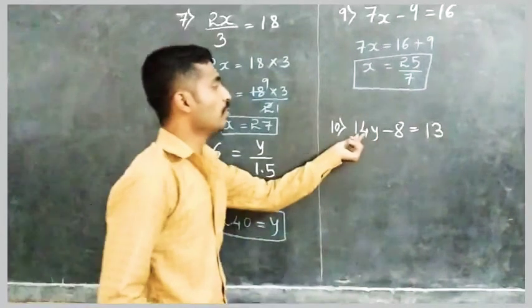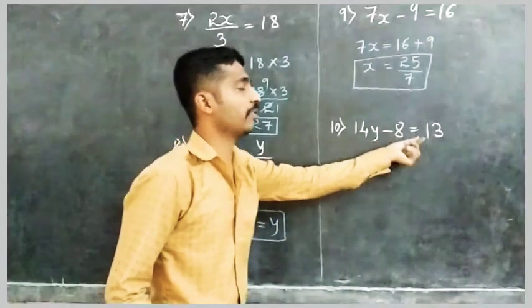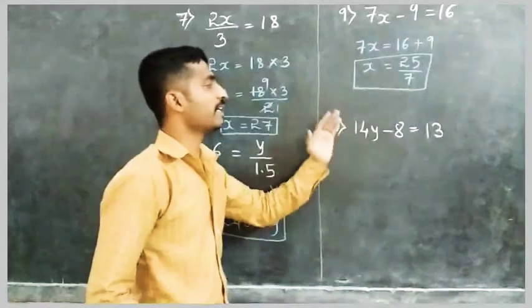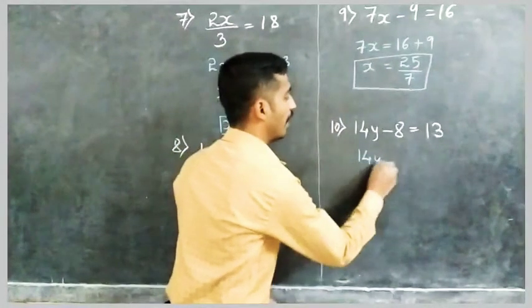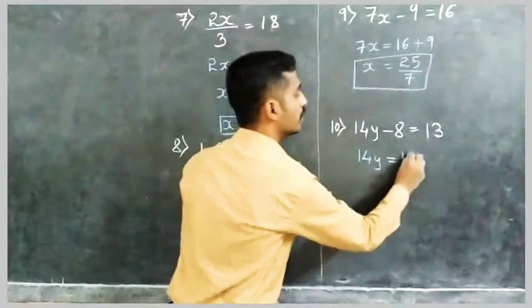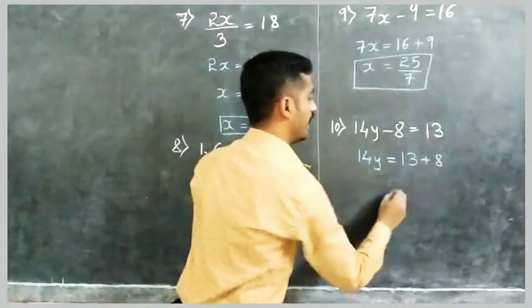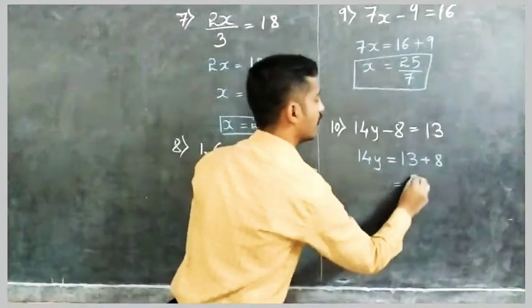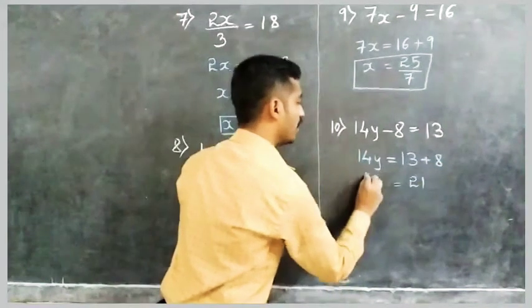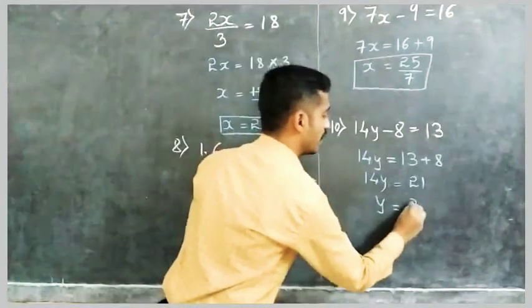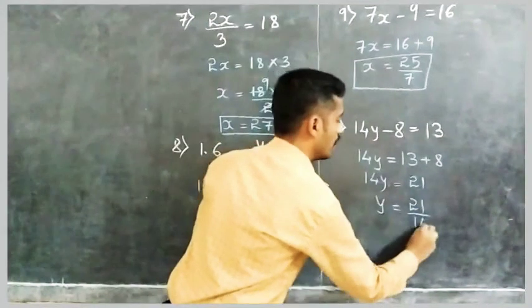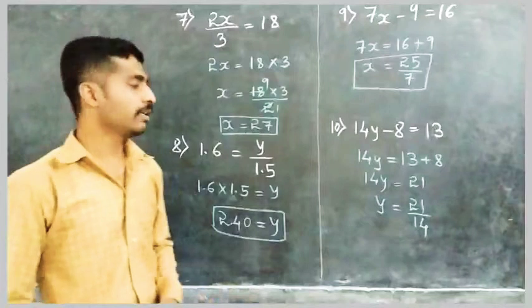Next, 14y minus 8 equal to 13. So take 8 that side. So it becomes 14y equal to 13 plus 8. It becomes 13 plus 8, 21. So here 14y is there. So if I take 14 that side, it becomes divisible. 21 by 14.